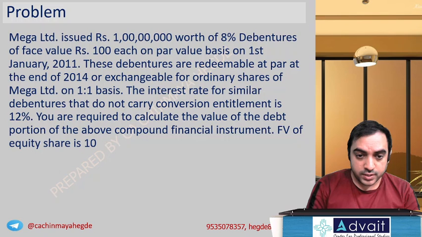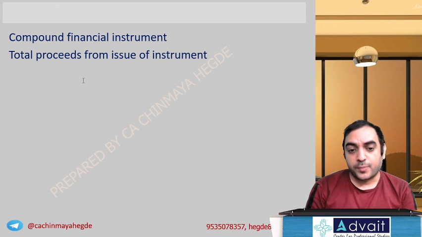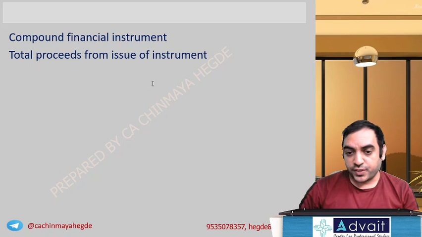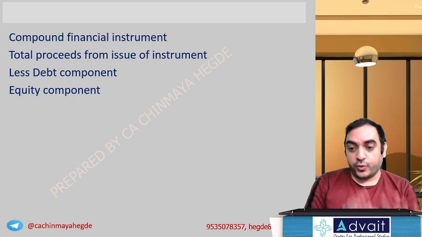Compound financial instruments. You have total proceeds from the issue of instruments. That amount we write, less the debt component, then the remaining amount will be the equity component.